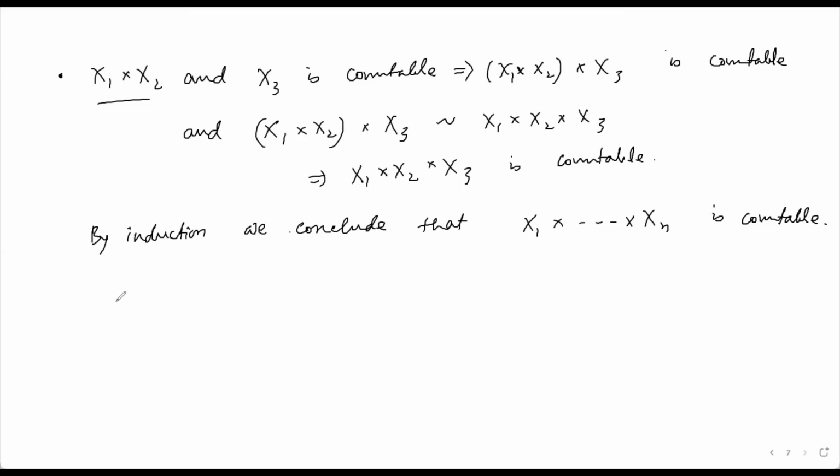Okay, so next, corollary. First we prove the following lemma. Q, the set of all rational numbers, is countable.